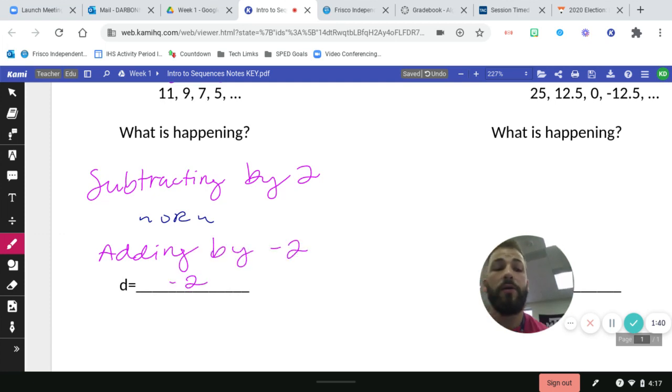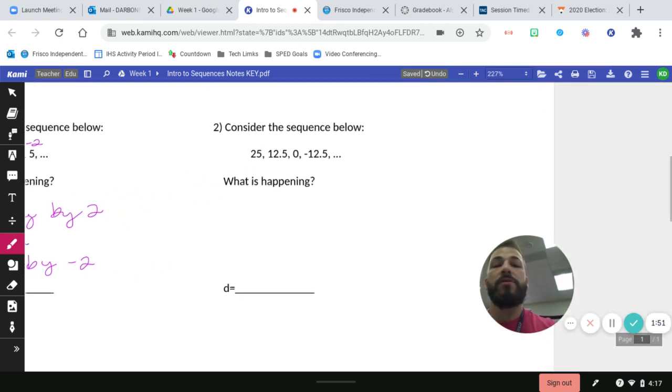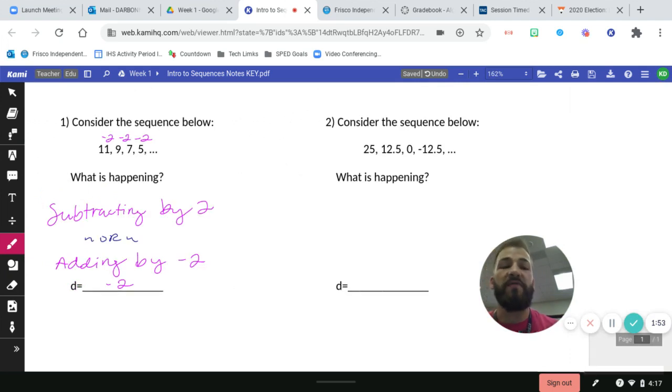So our d would be -2. Okay, so d is always added, but if it looks like we're subtracting each time, we're just adding by a negative.